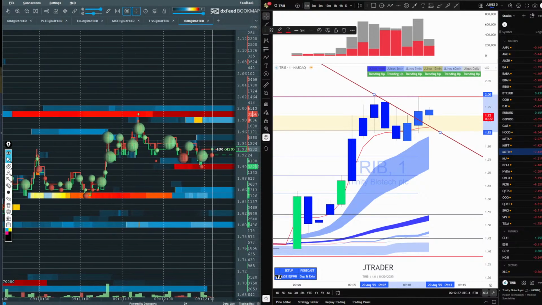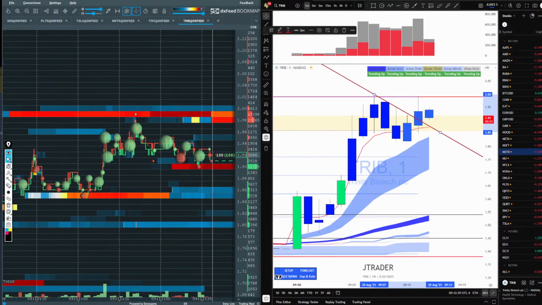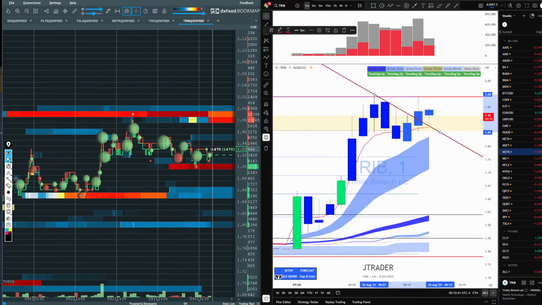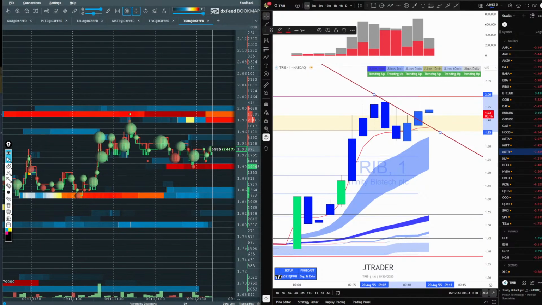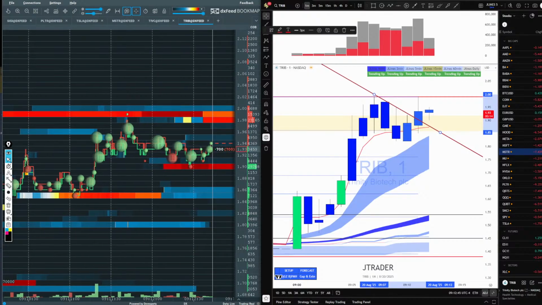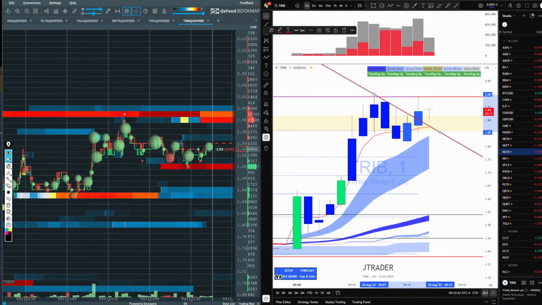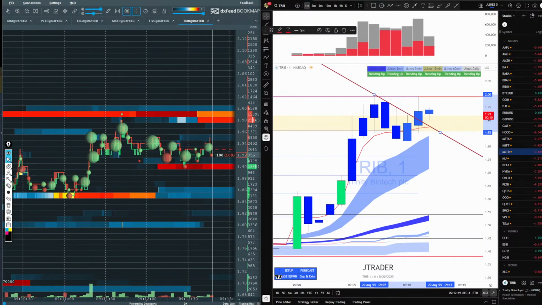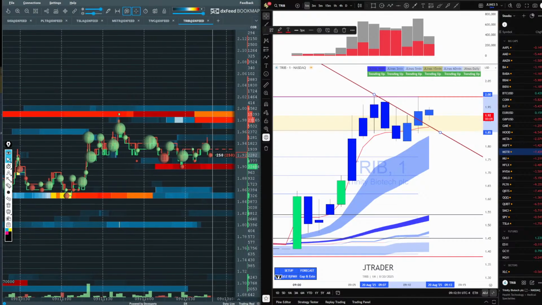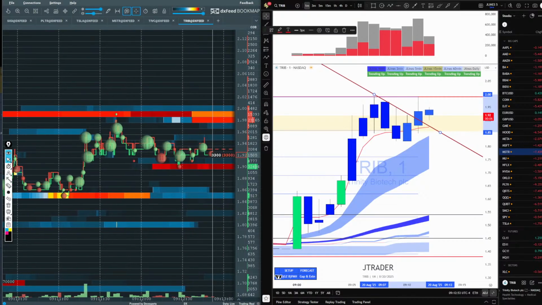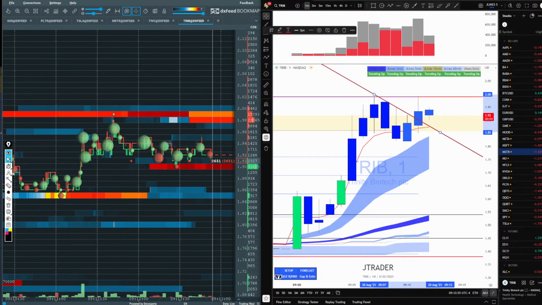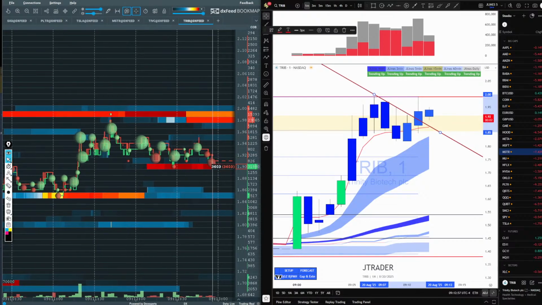I mean, like the VWAP dip, SSR, small float. If we fail the 192, I'm gonna get out. So getting out for a break-even trade.